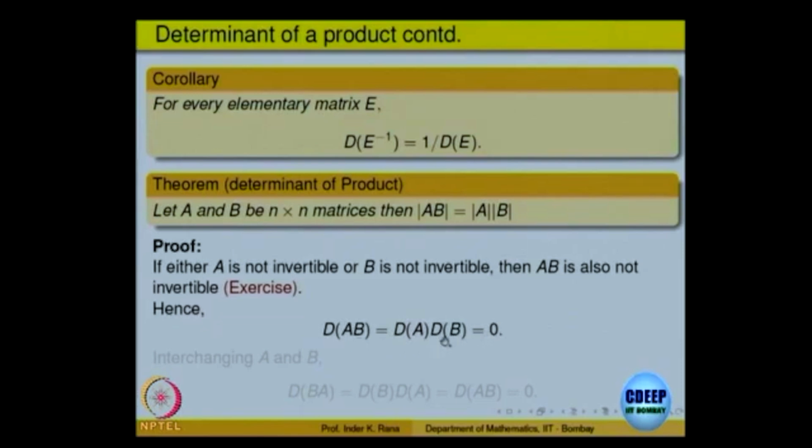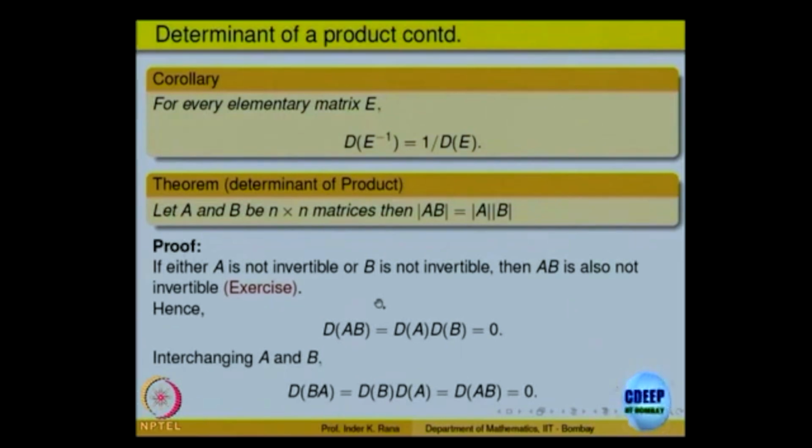So, one of the terms on the right hand side is 0, so that is also equal to 0. That shows that determinant of AB is equal to determinant of A into determinant of B when at least one of them is not invertible. So, what is the second case?